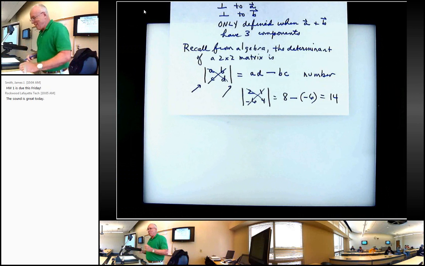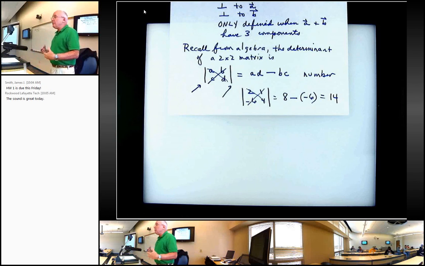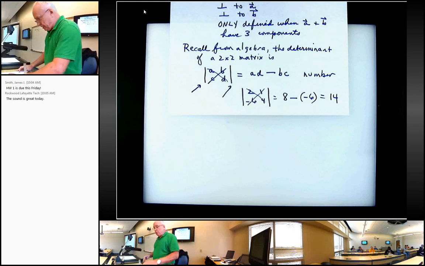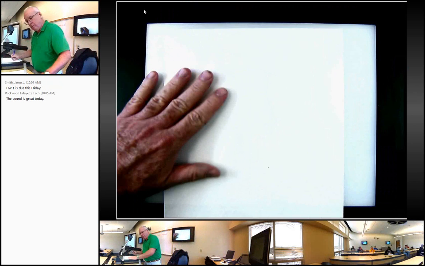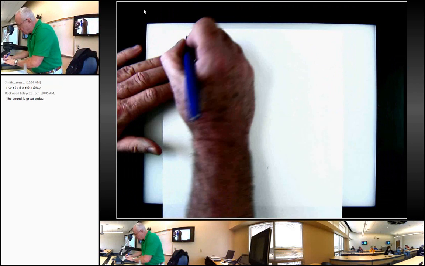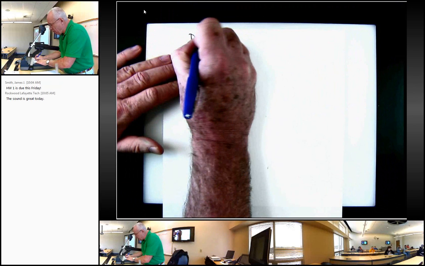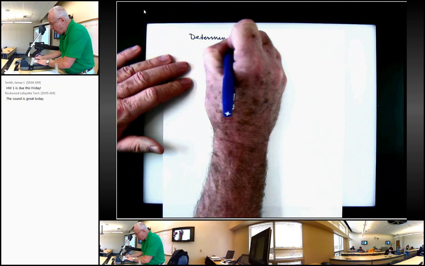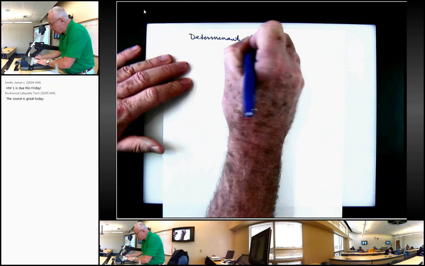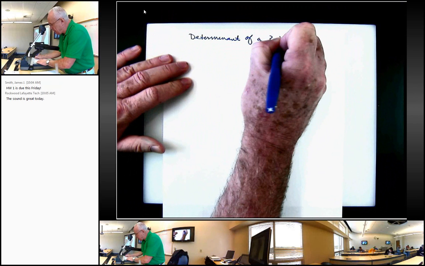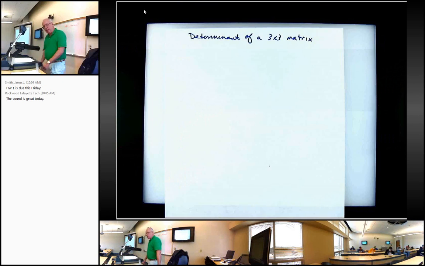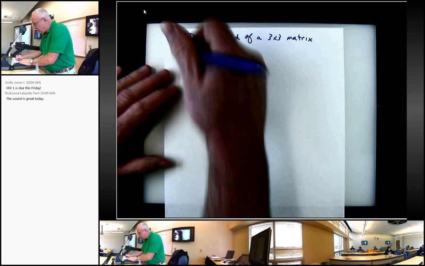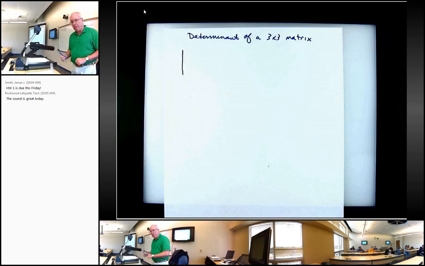Okay. Now, what we're going to be looking at, though, are 3 by 3 determinants. So the determinant of a 3 by 3 matrix. And this is what we're going to end up using in order to get the cross product. So first of all, I just want to give you the general formula, and we're going to go through an example.